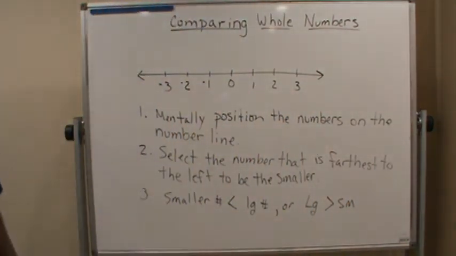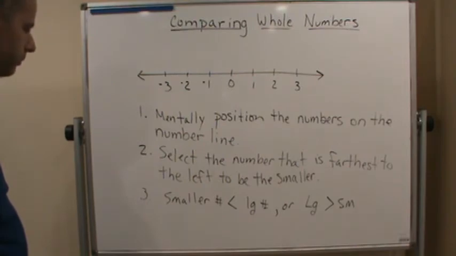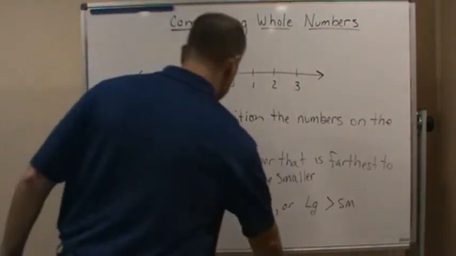Those are the only two options we're using right now. And that's it. This is the three-step process that you're going to use. That's it. So let's do an example.